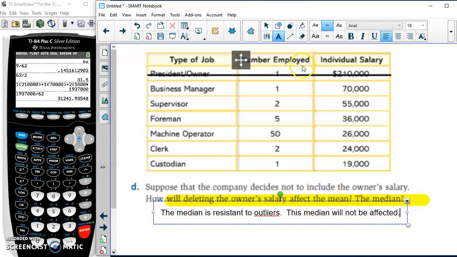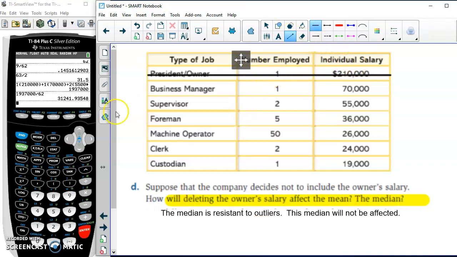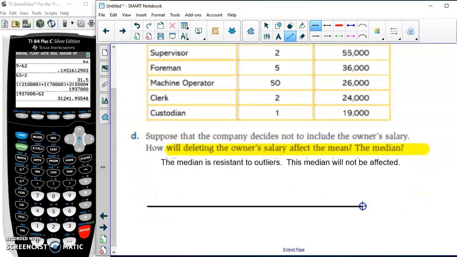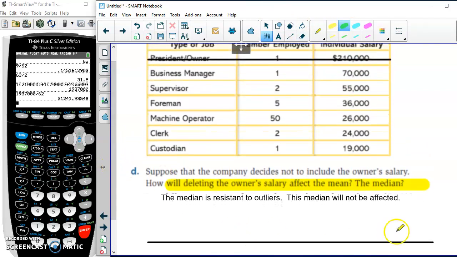Next one's the mean. If you look at this data, basically if you looked at a number line, you have one salary all the way out here at like 70, and then one at 55, or two at 55, and then so many dots all the way up at 50,000, and then maybe two at 24,000, and then one down here.